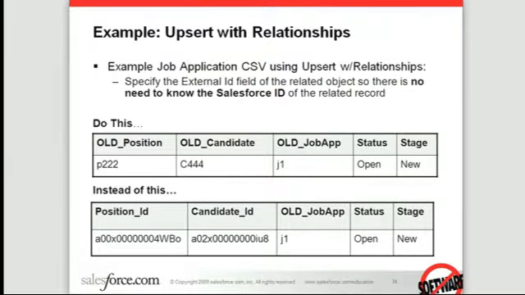All right. So when you're inserting, for instance, let's say I'm doing an upsert of a job application. When I'm upserting my job applications, I'm not only using the old job app ID, which would be my external ID, I'm also defining the relationship to existing position and candidate records using external IDs on those.